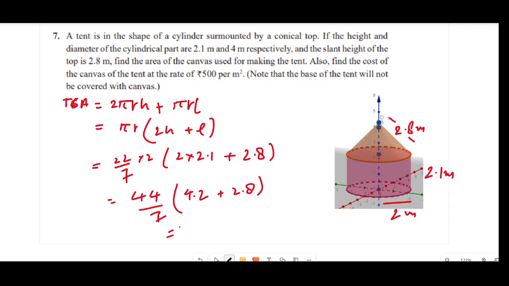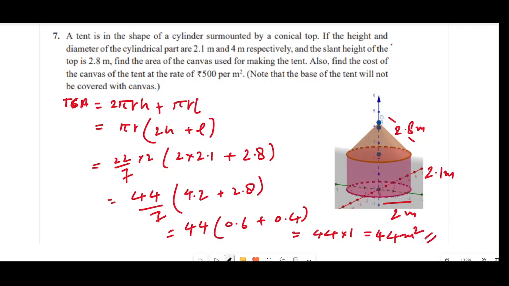Now this will be 44 by 7, 7 1s are 7, so it will be 1. So 44 into 1, this will be 44 meter square. This is the total curved area.